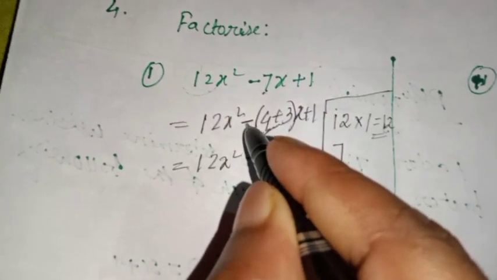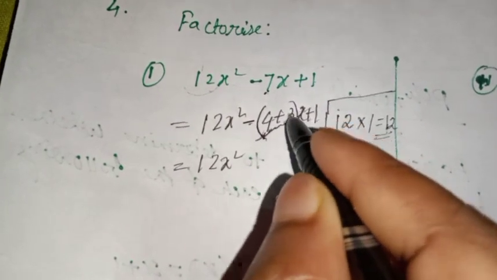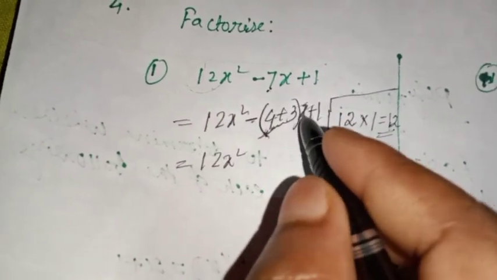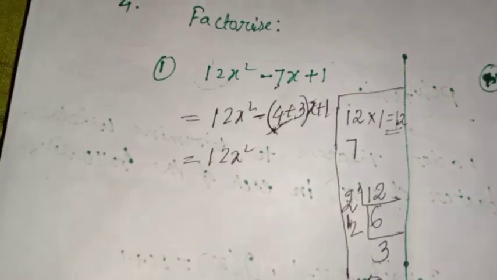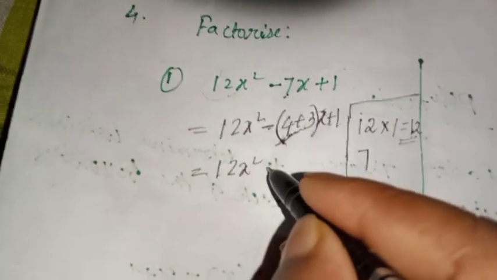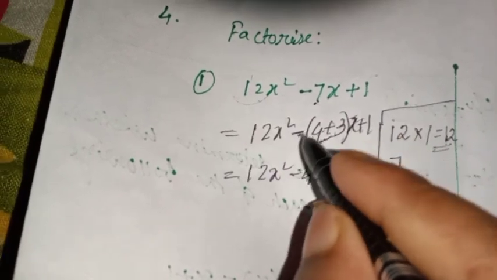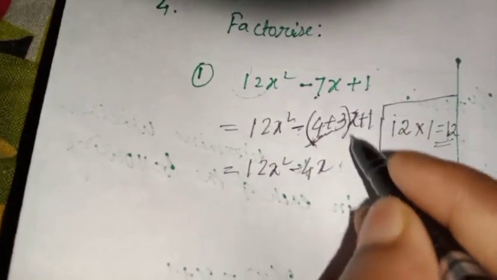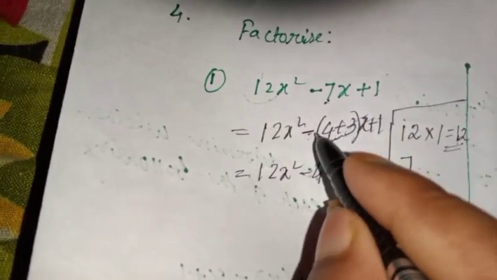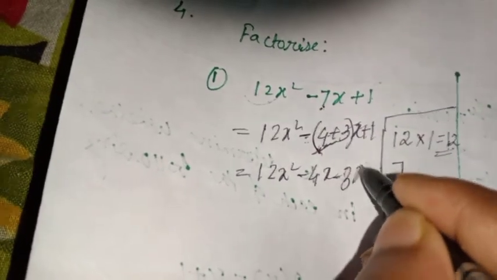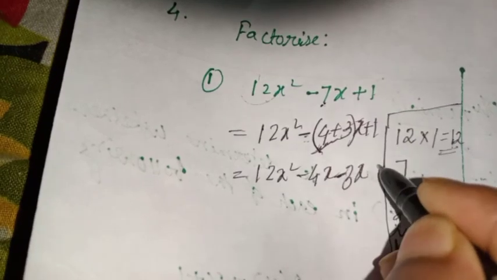See, outside there is a minus. Minus 4 into x. x is also multiplied with 4 when you take out the bracket. Then here you will get minus 4x, and again 4 plus 3, 3 minus and x. If you multiply this 3 into minus x, you get minus 3x. This is minus.